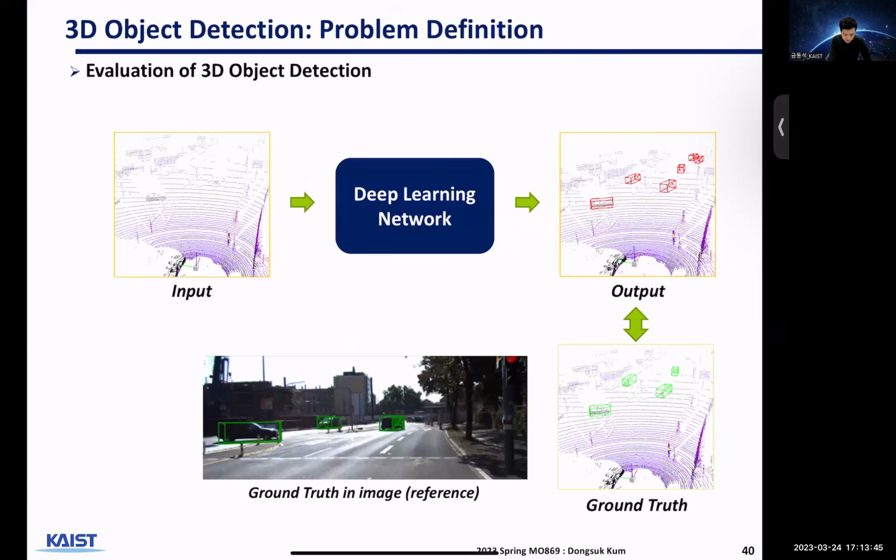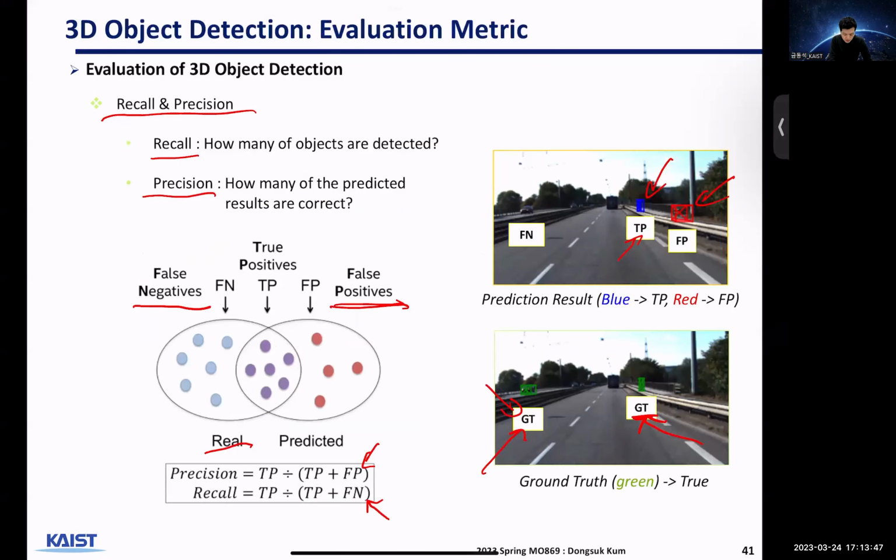Well, it's not shown here, but when we compute true or false positives, we need some sort of threshold value. For KITTI datasets, usually that is done by IOU, intersection over union, which we talked about in 2D object detection.